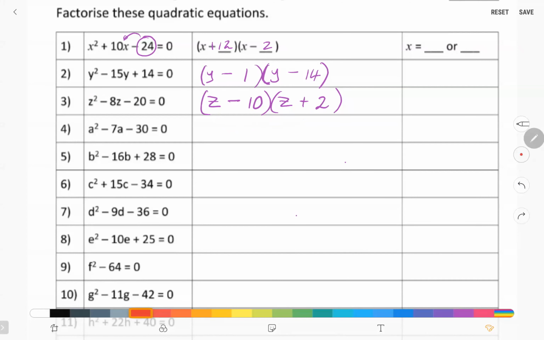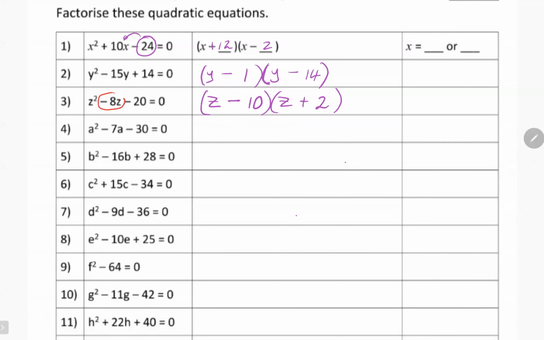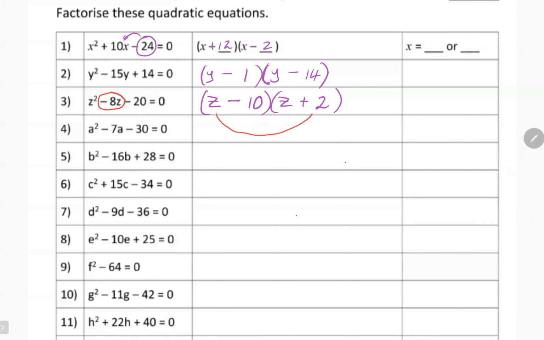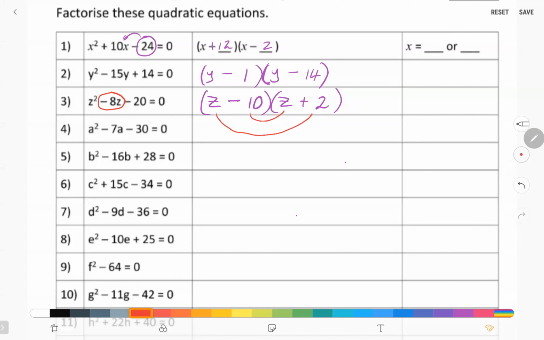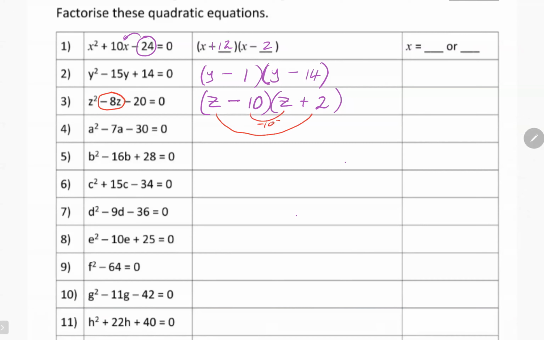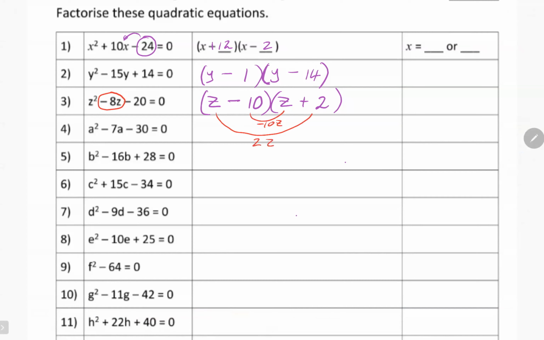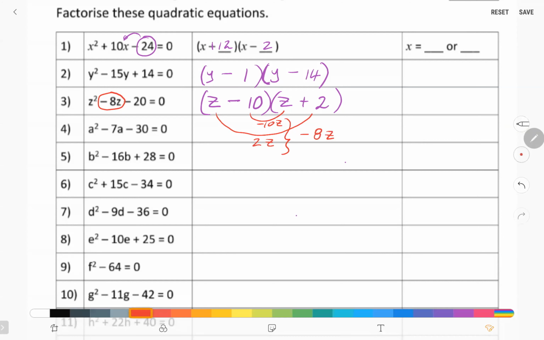Now the middle term is the sum of what I call the far product and the near product. The near product is negative 10z and the far product is 2z. Negative 10z and 2z is negative 8z. So that's how I know it is correct. I test the values.